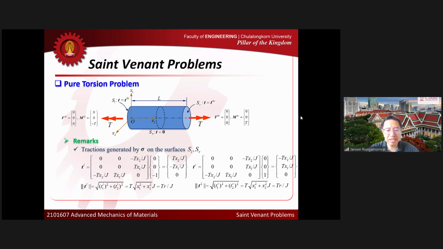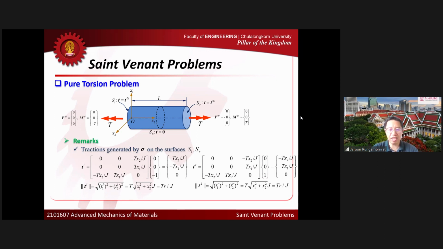If you look at the magnitude of the traction that I have to apply, the traction at the end has to be linear with respect to the distance from the center of the circle, right? So the form that you got here is exactly the form that you learned in strength of materials class.